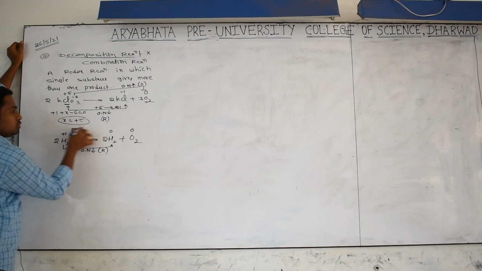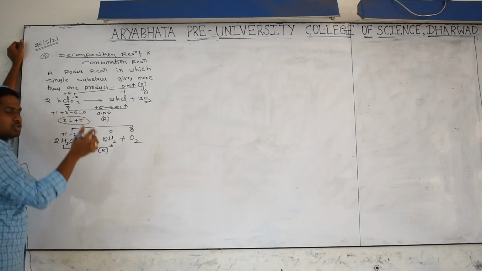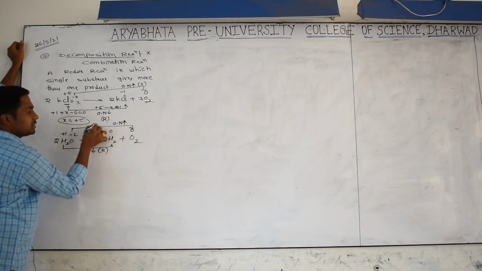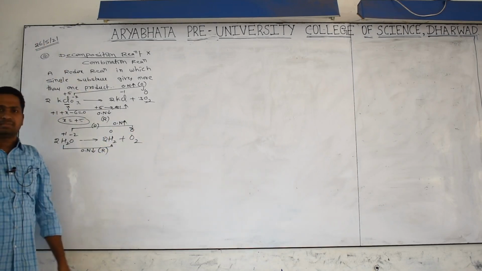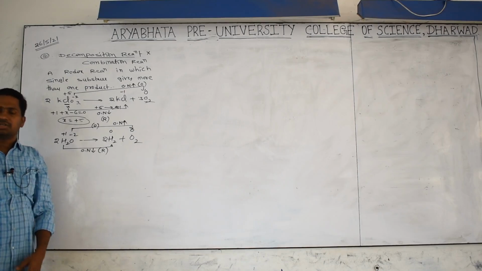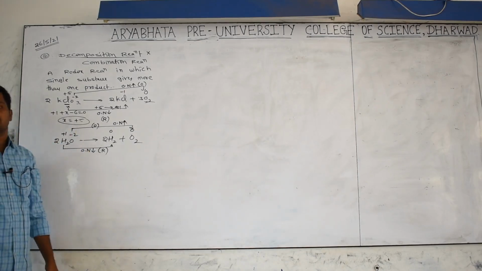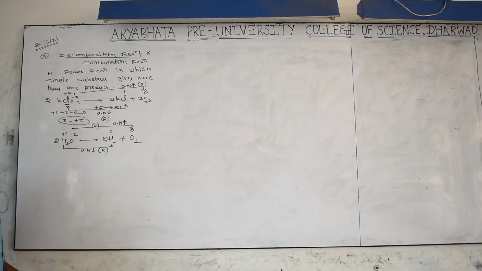Here -2 to 0, a minus value to 0, means the oxidation number is increasing, called oxidation. So both oxidation and reduction are happening, but here a single component converts into more than one type of product, that's why it is called a decomposition reaction.